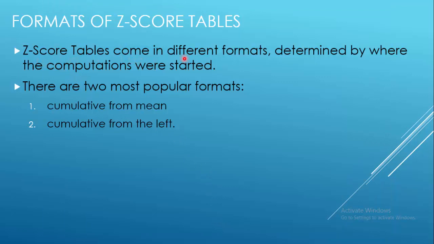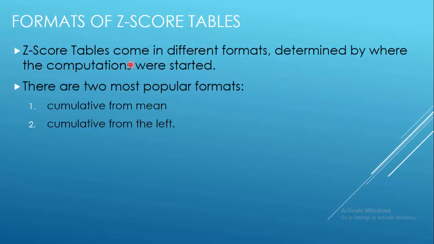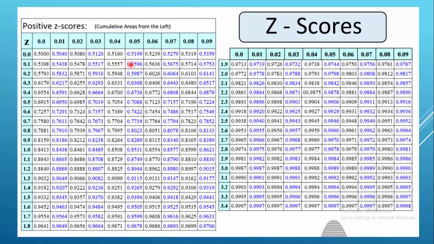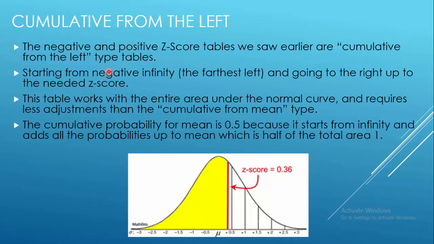Z-score tables come in different formats determined by where the computations were started. The two most popular formats are cumulative from the mean and cumulative from the left. The negative and positive z-score tables we saw earlier are cumulative from the left type tables.